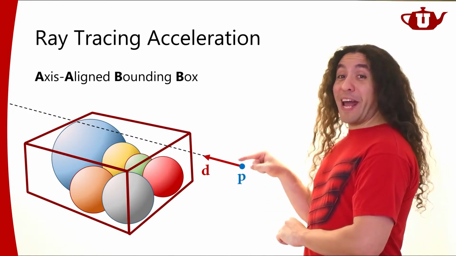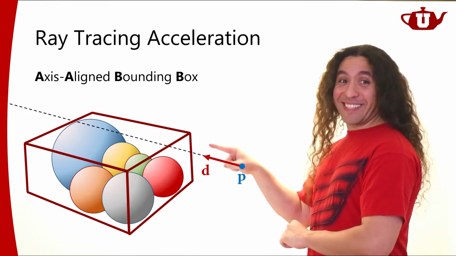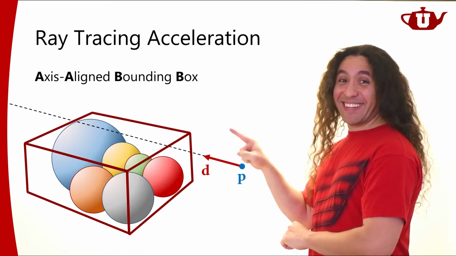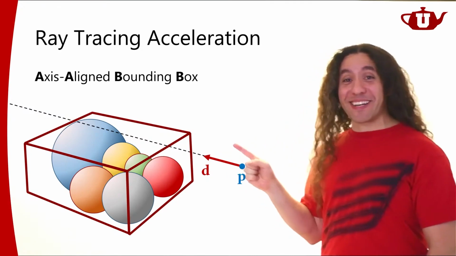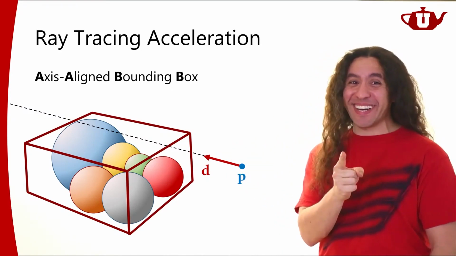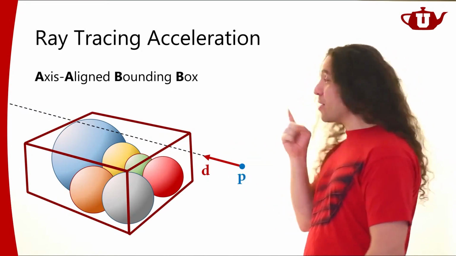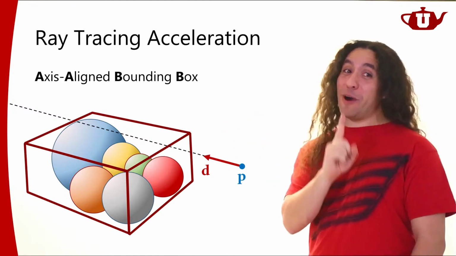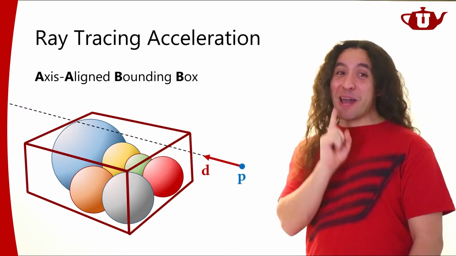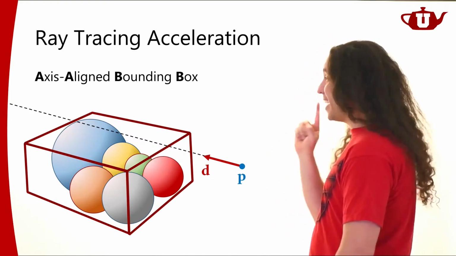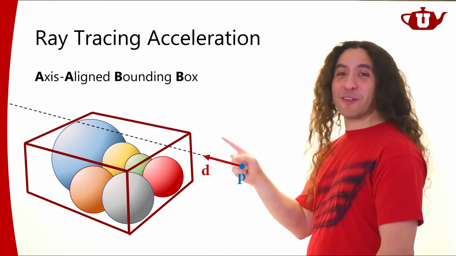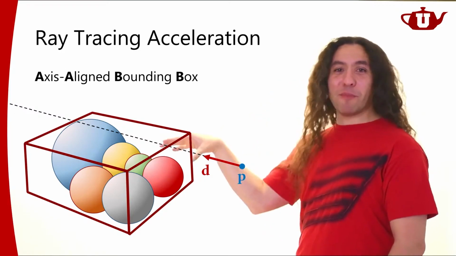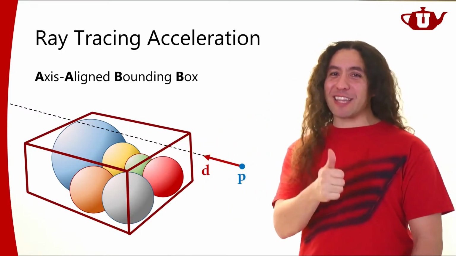Only if the ray does not intersect with the box. Right? If the ray intersects with the box, then I'm in trouble. Okay, maybe it wasn't a great idea to put all of my spheres into one box, right? I have millions of spheres or millions of primitives, and I dumped them all inside one box. That was not the best idea.